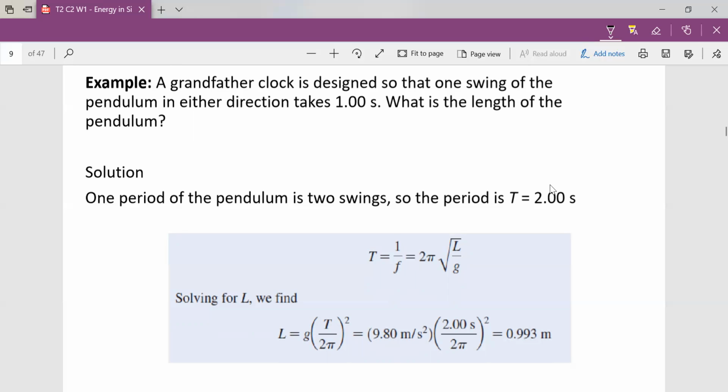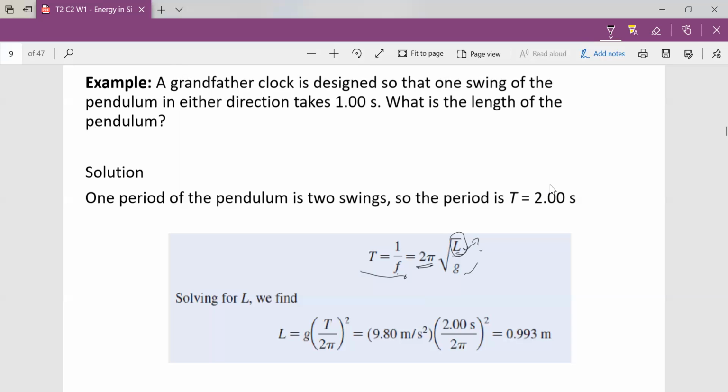We are asked to find the length of the pendulum. Since we know the period, we simply substitute into the formula. The formula for period is 1 over f, which is 2 pi root L over g. L is what we are looking for, and g is 9.8.